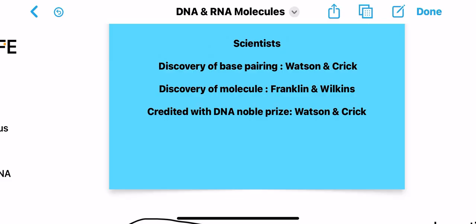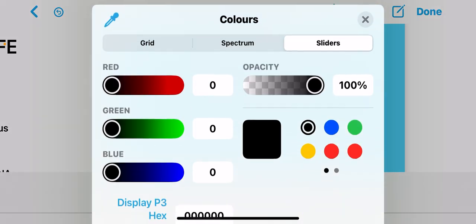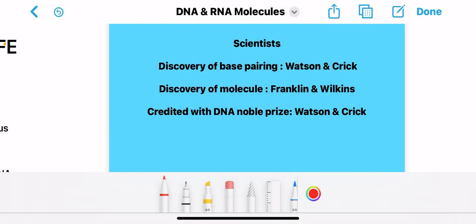They were the ones who discovered the DNA molecule. These two, they discovered the molecule. Then we have those who discovered the base pairing, which is Watson and what? And Crick. We're going to speak about the base pairing as we navigate through and cover more in this topic.